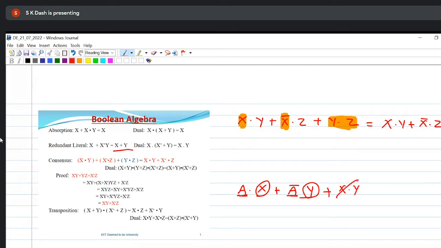If that is the case, then it can be removed. So it will be the same as a dot x plus a bar dot y. Either we can remove this, or we can add it, depending upon our requirement. Is it clear? First of all, then we'll go for the proof. Okay, now let us prove this.